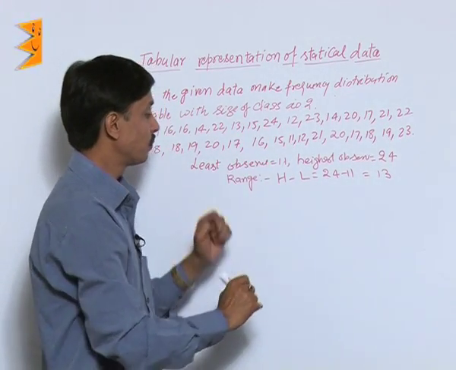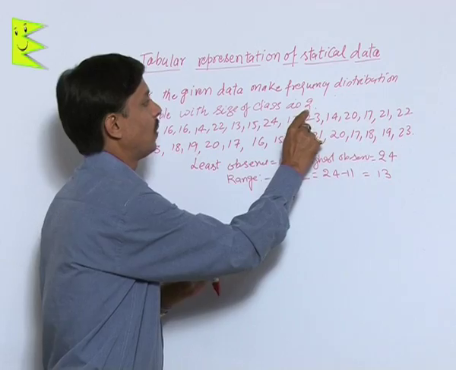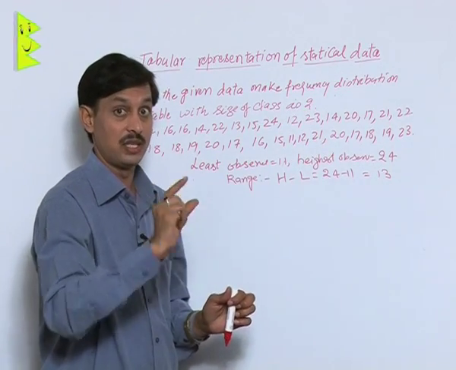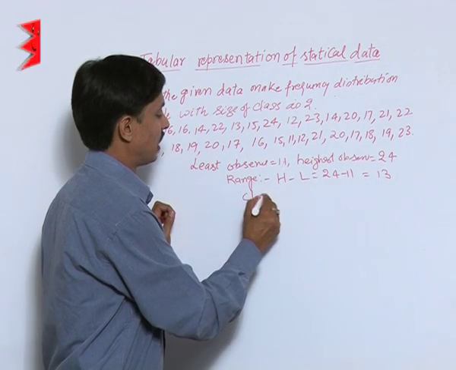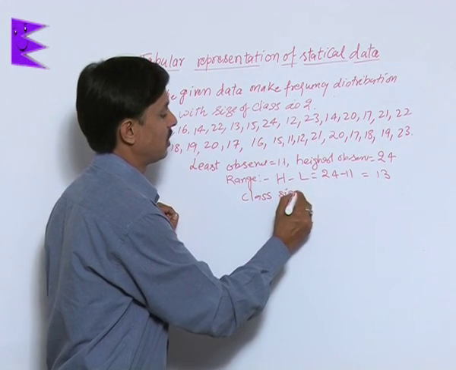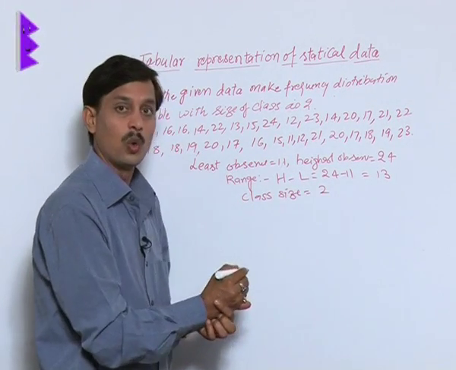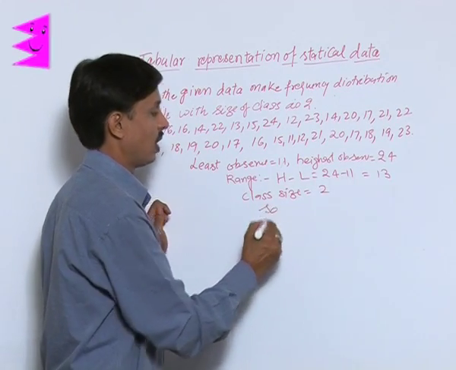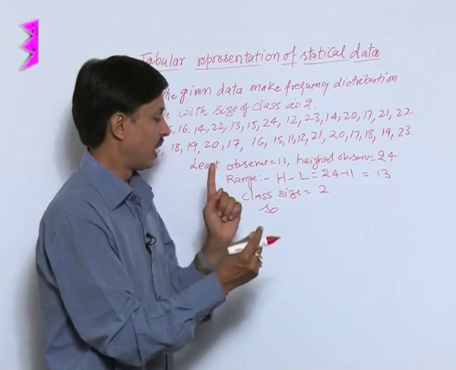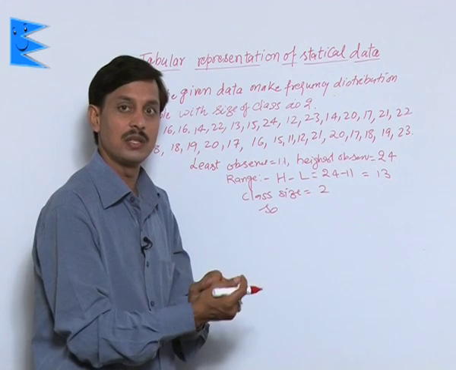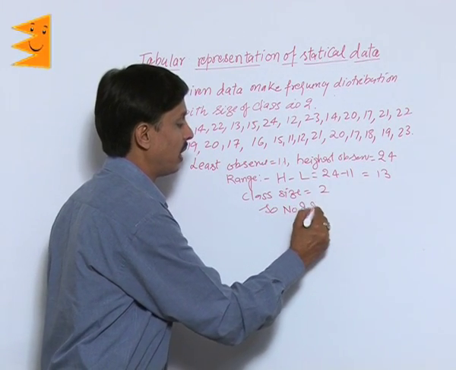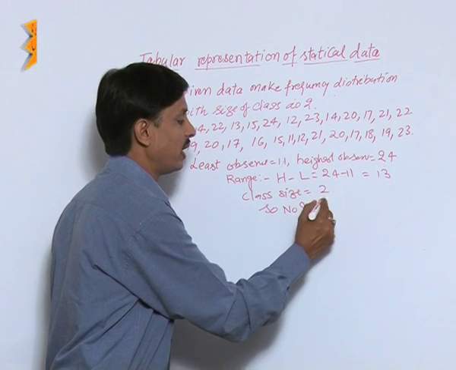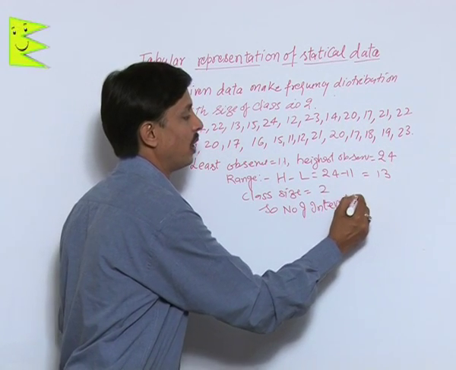First step clear. As given, the size of classes should be 2, that is the difference in the classes should be 2. So we can say, as the size of classes is 2, how many intervals will be produced?